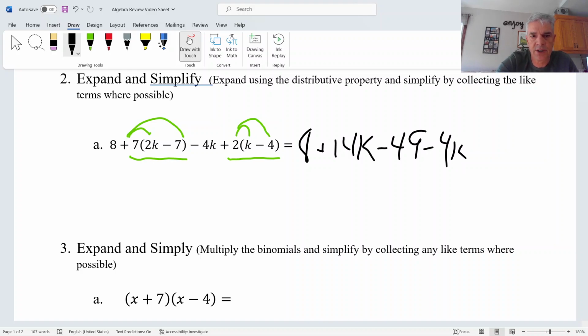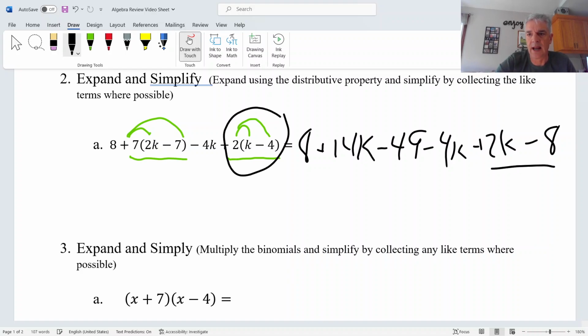Then it's plus 2 times the k, which will be plus 2k, and then finally 2 times minus 4, which is minus 8. And now I've basically applied my distributive property in these two answers and in these two answers over here. The minus 4k and the 8 had no impact.